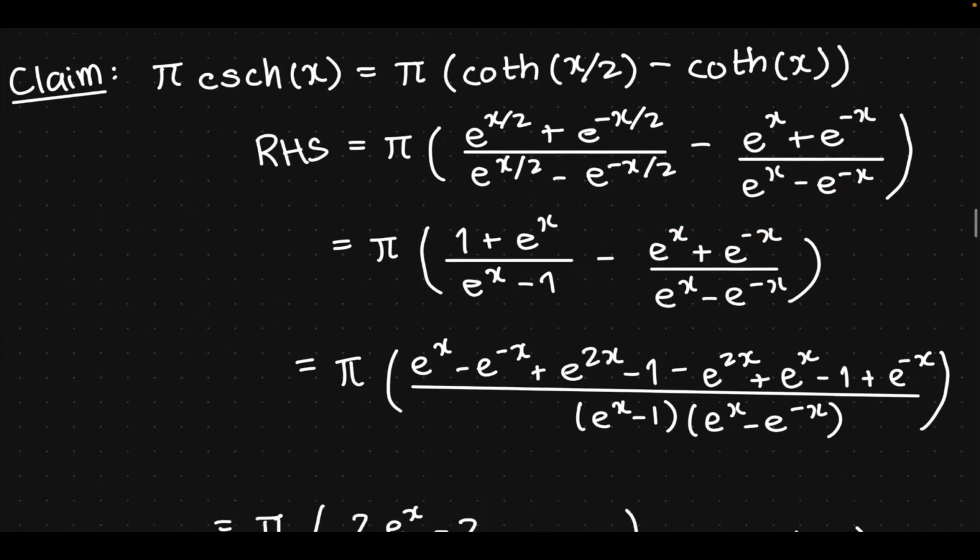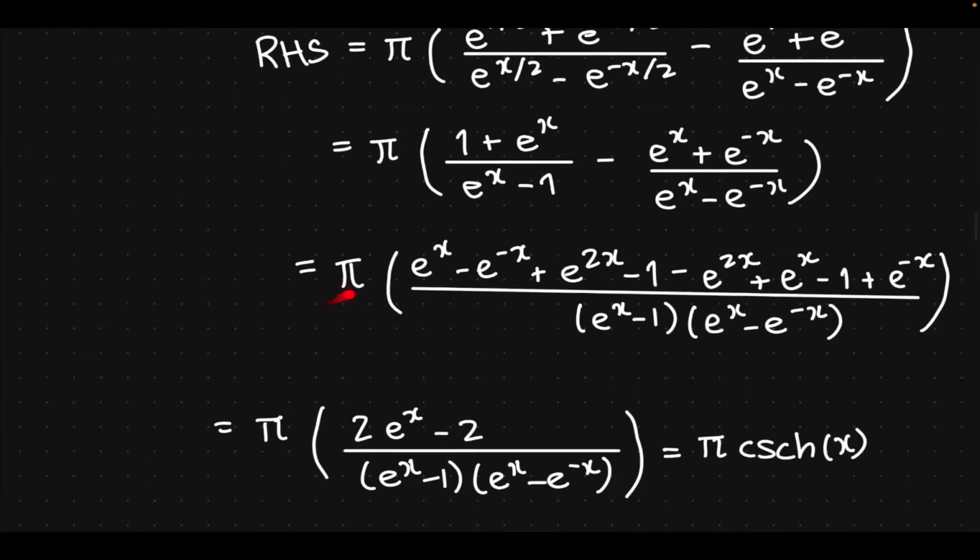So we get pi times, we can just simplify these things, 1 plus e to the x over e to the x minus 1, minus e to the x plus e to the minus x divided by e to the x minus e to the minus x. Then we get pi times e to the x minus e to the minus x plus e to the 2x minus 1 minus e to the 2x plus e to the x minus 1 plus e to the minus x.